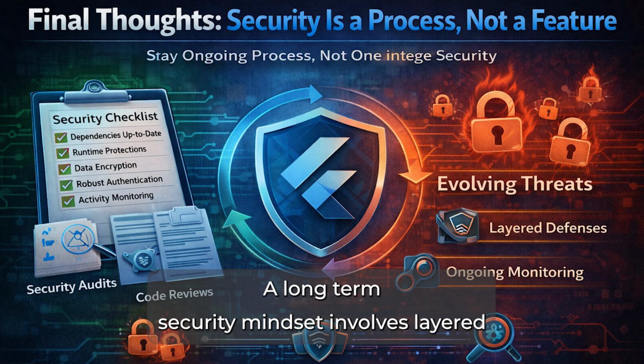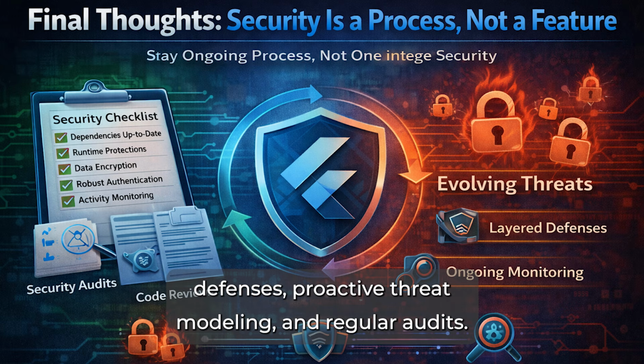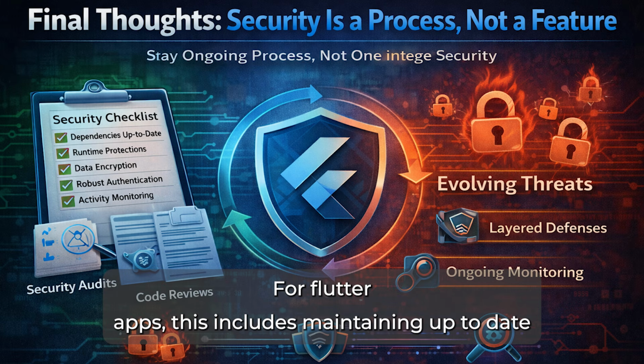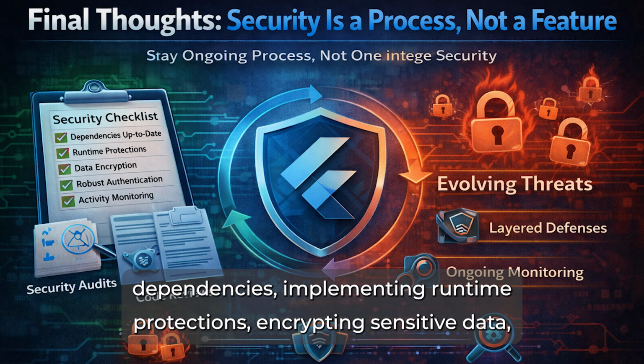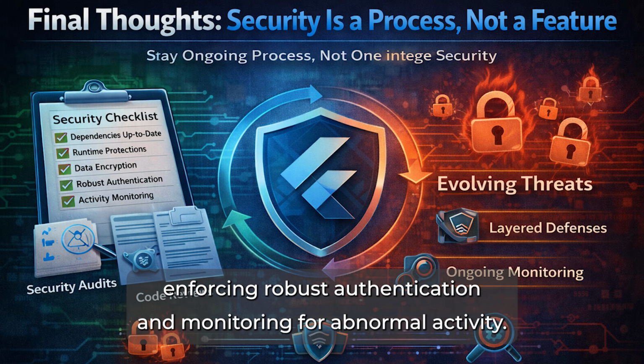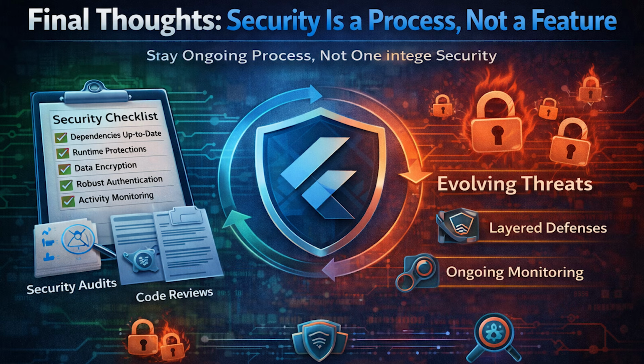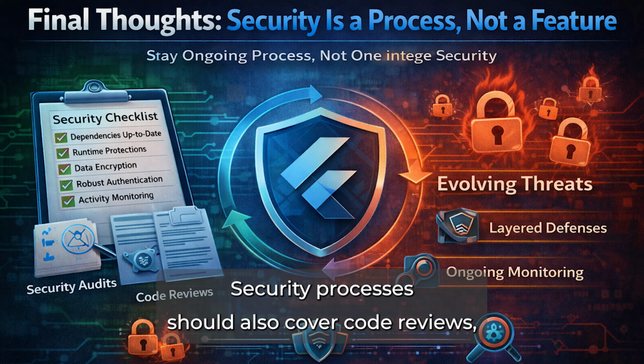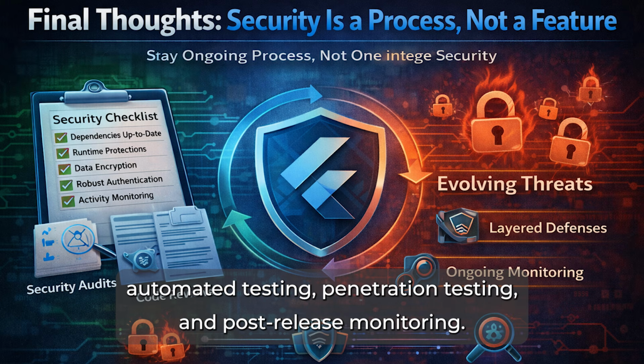A long-term security mindset involves layered defenses, proactive threat modeling, and regular audits. For Flutter apps, this includes maintaining up-to-date dependencies, implementing runtime protections, encrypting sensitive data, enforcing robust authentication, and monitoring for abnormal activity. Security processes should also cover code reviews, automated testing, penetration testing, and post-release monitoring.